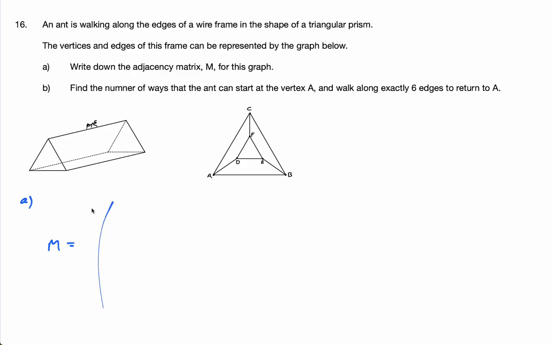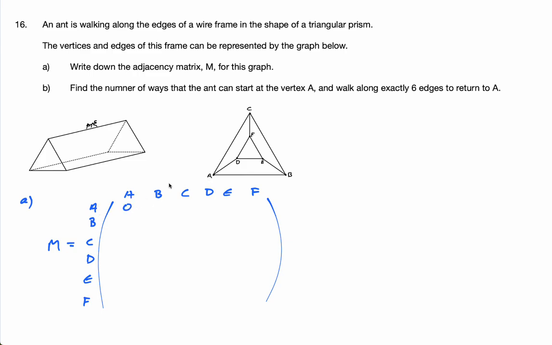Now I like, guys, to put, and maybe you can even erase this after, A, B, C, D, E, F here, and across the top A, B, C, D, E, F. Okay, and you're basically looking at, can you go from A to A?